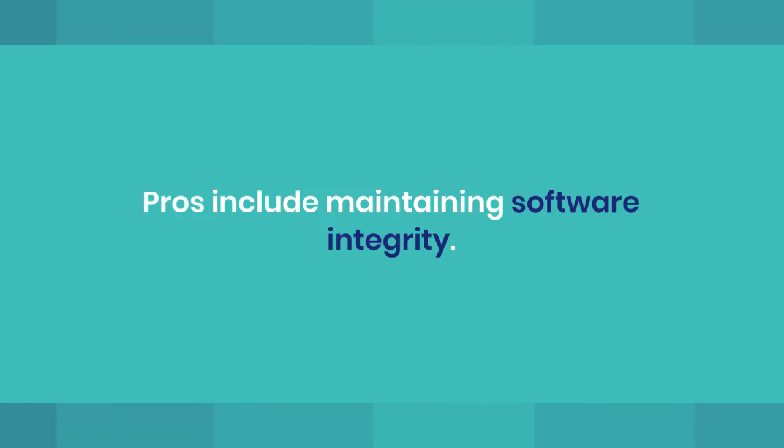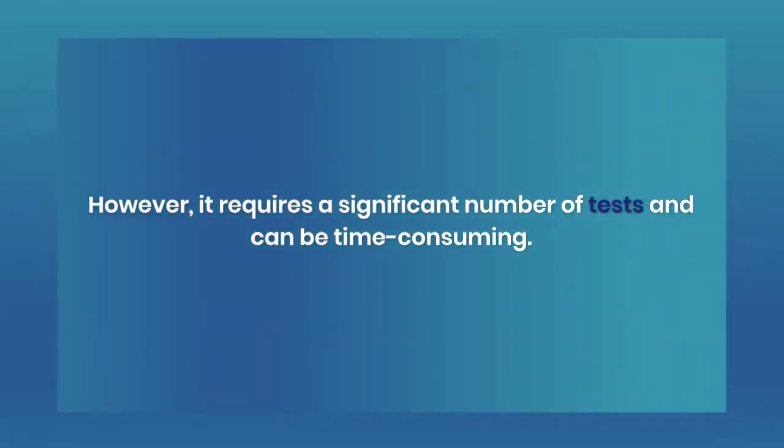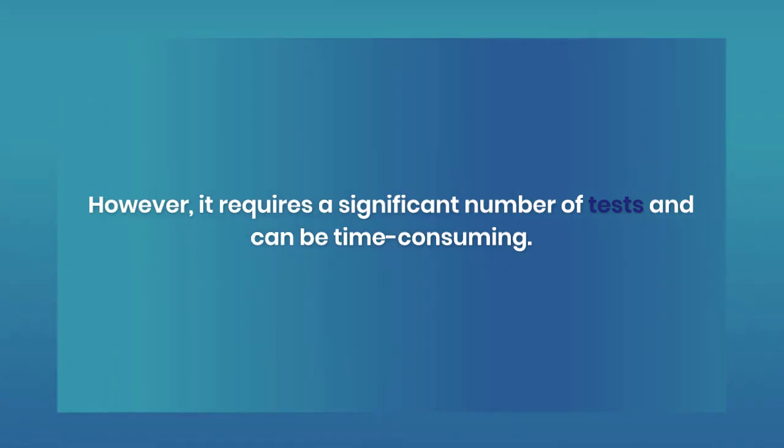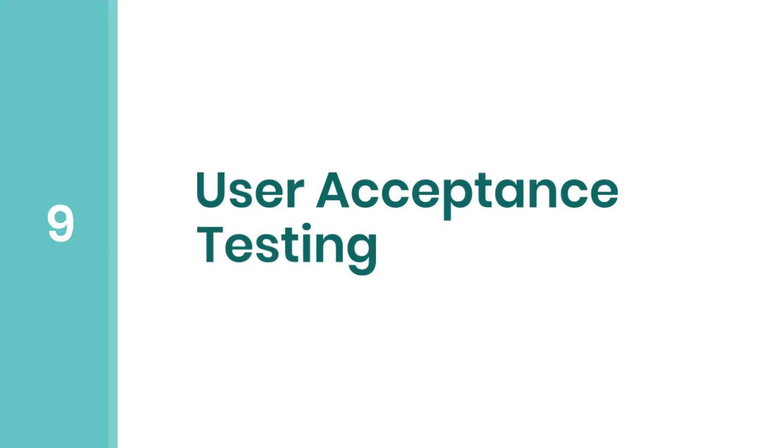It includes maintaining software integrity, and however it requires a significant number of tests and can be time consuming because every time we have to add new regression test cases.